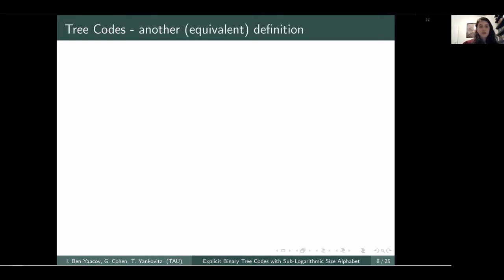Before presenting our work, I need to set an equivalent definition for tree codes, which is less intuitive but much easier to work with. But even though we move further away from the intuitive combinatorial definition, we borrow the terminology from the presentation of tree codes as trees with some distance property.